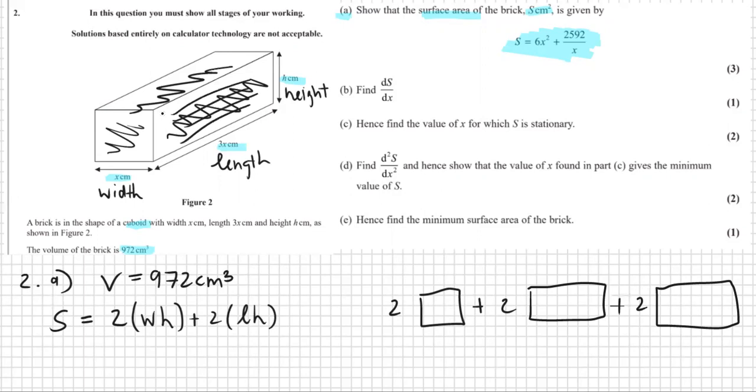And top and bottom is 2 times length times width. So that would be our formula that we're looking for. And if we look at the answer here in terms of x, we have S on the one side and x on the other side.